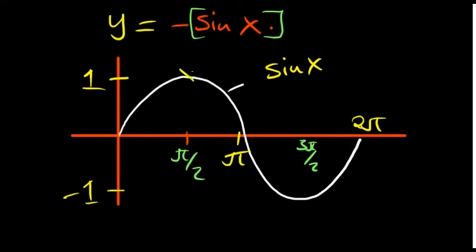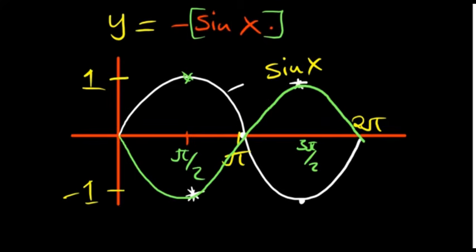Every positive value is going to become a negative, so only the 0 line is going to be maintained, and therefore this positive value, because of the minus that is there, is going to be reflected to the negative part. 0 values will not change. And then of course this is a negative, so if we multiply by a negative, it will become a positive. So these are the 2 points that are going to shift, and that's why the negative sine graph faces like that.